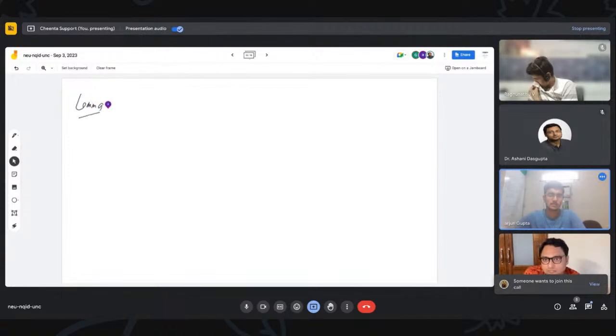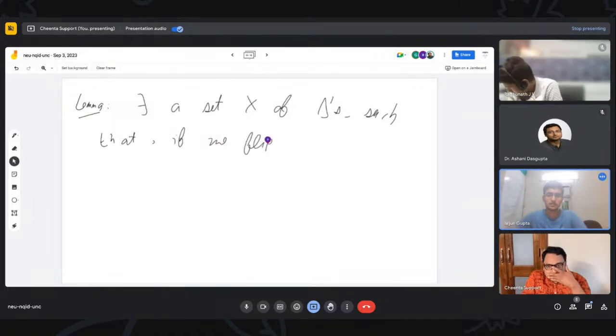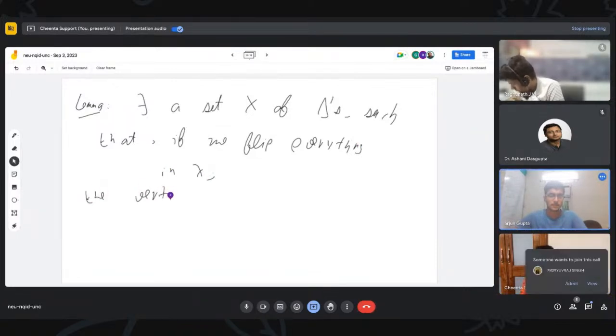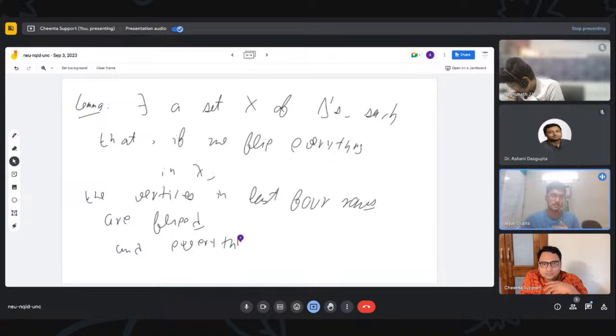There exists a set X of triangles such that if we flip everything in X, the vertices in the last four rows are flipped, and everything else is the same.